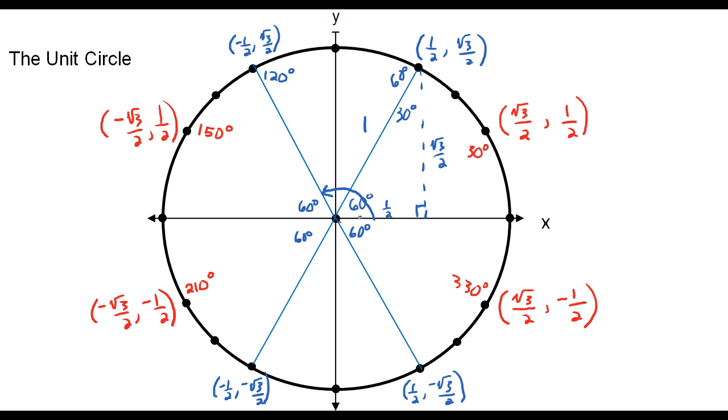And then if I come back and rotate over to this one, that's going to be 180 plus 60, which is 240. And then if I do the last one, rotate all the way around to here, it's going to be 360, backed up 60 degrees, so this is 300.